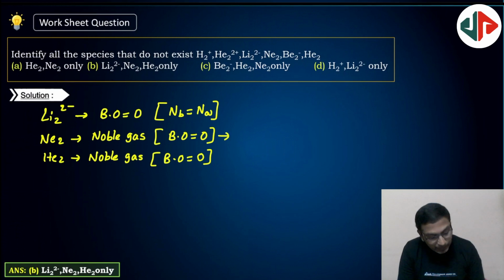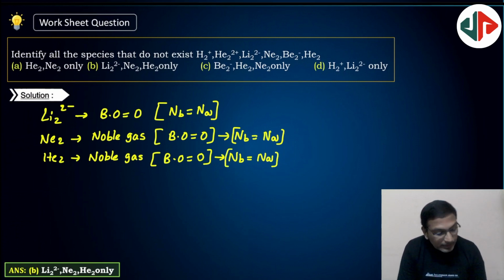That means bond order 0 means number of bonding electrons equal to number of anti-bonding electrons. Here also same condition. So therefore Li2 2 minus, Ne2, He2 do not exist.